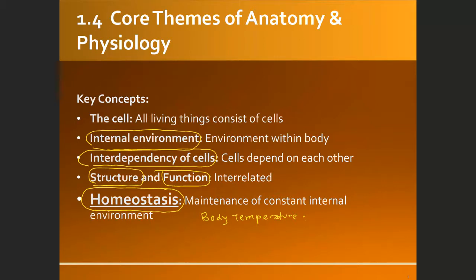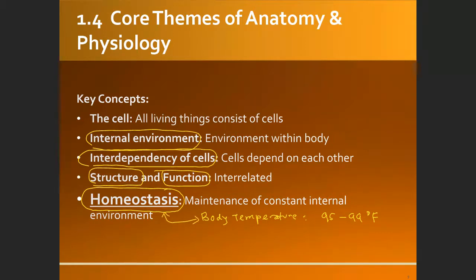This is actually not a fixed number. This is a range of numbers or range of conditions. For example, a healthy or normal body temperature is around 95 to 99 degrees. So if our body temperature is within this range, then we are normal, we are healthy. And this is what we call homeostasis.